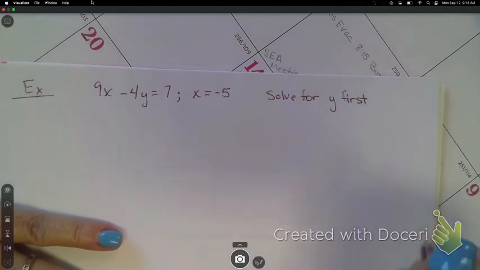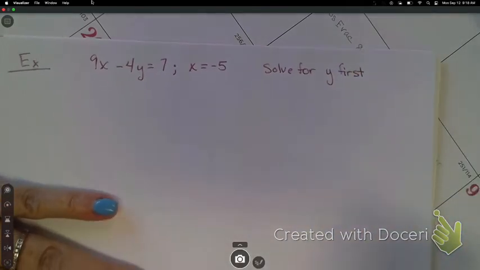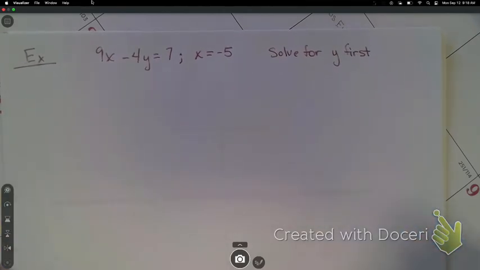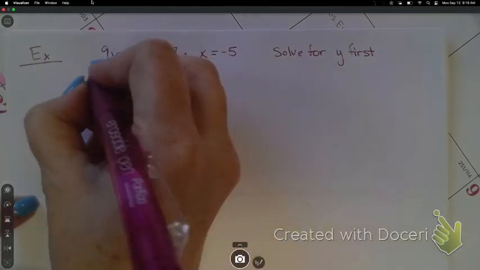Cody's been really awesome about helping me, so I want somebody else to say what we would do. We're solving for y. So do we want to touch the y? No. Gerhard, what do you want to do first? Subtract the 9x over.